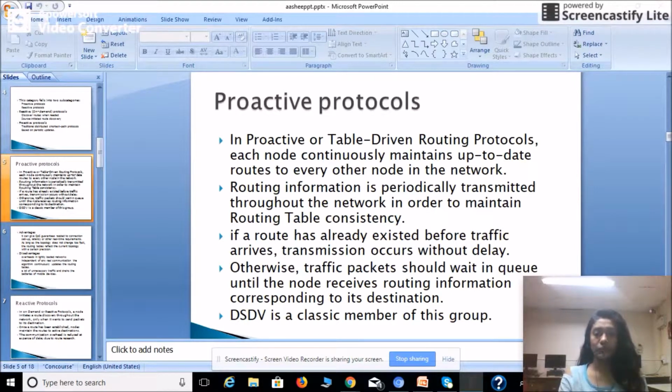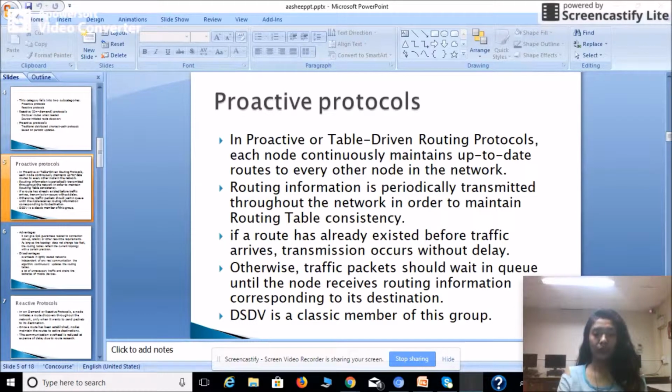This routing information is periodically transmitted throughout the network in order to maintain routing table consistency. This routing table is maintained by all the nodes, containing the information on how they can communicate with the other nodes in the network.